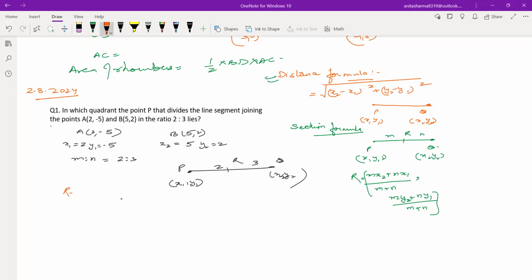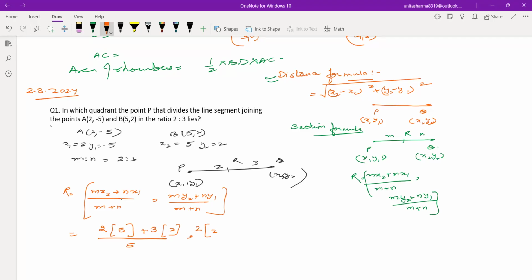So R coordinate will be mx2 plus nx1 upon m plus n, comma my2 plus ny1 upon m plus n. You will write the formula first. So value of m is 2: 2 into x2, which is 5, plus n is 3 into x1, which is 2, upon 2 plus 3, 5. And then m is 2, y2 is 2, plus n is 3, y1 is minus 5, upon 2 plus 3, 5.